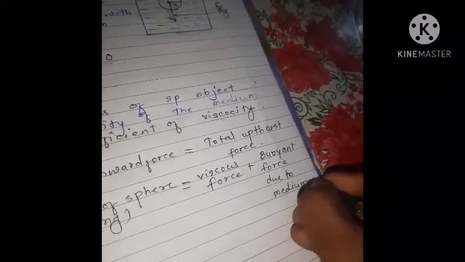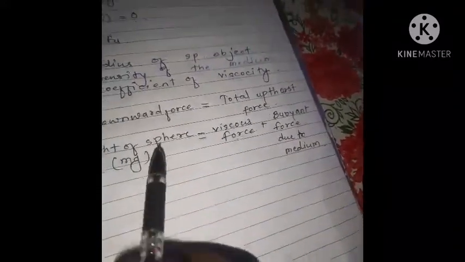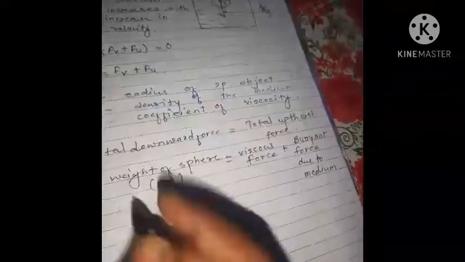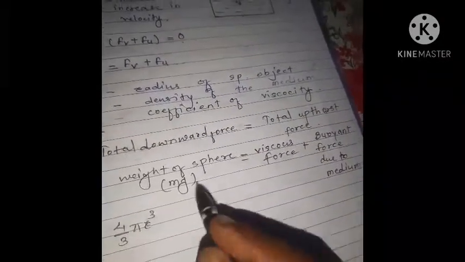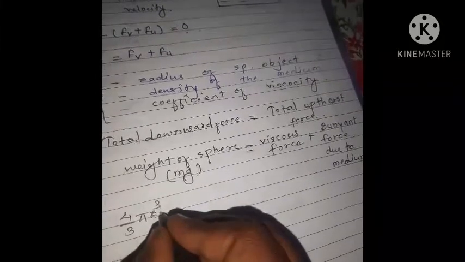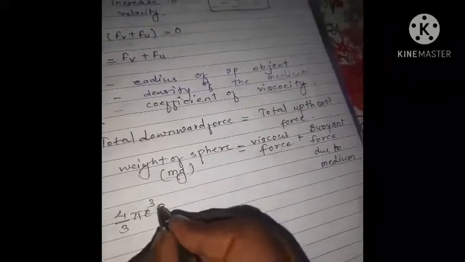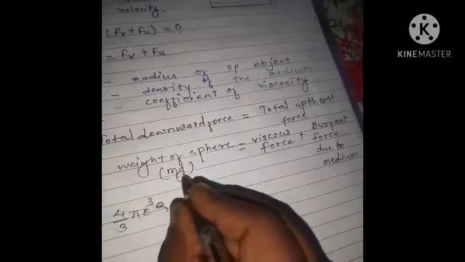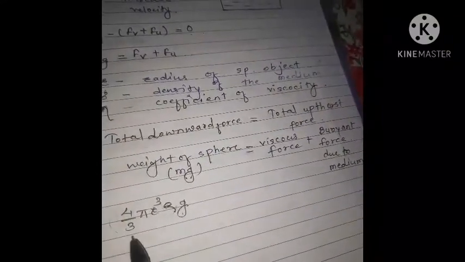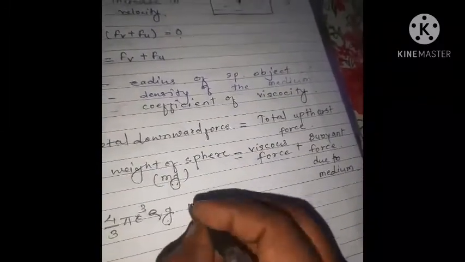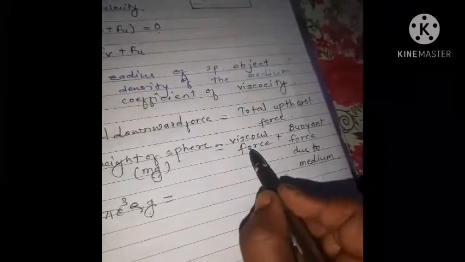Therefore, the weight of the sphere, as the object is spherical, its volume is 4 by 3 pi r cube, into density of the sphere, say rho, and into acceleration due to gravity g. This is the value of mass, and into g means the weight of the sphere, which is equal to the viscous force.